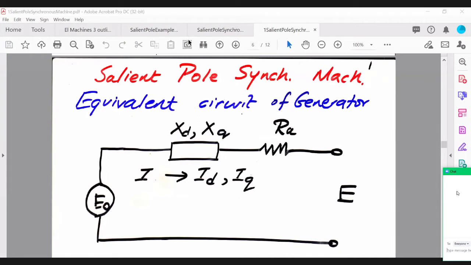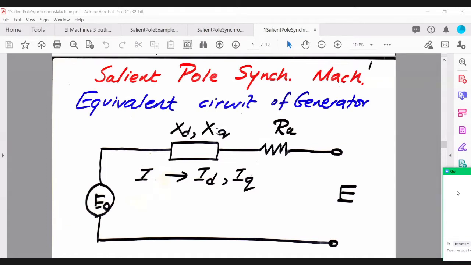Today we will continue with the lecture we had on Monday, where we were explaining why, in the equivalent circuit of our salient pole synchronous machines, we split our reactances into two components: the d-axis component and the q-axis component.